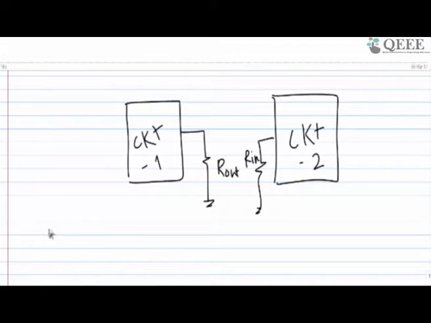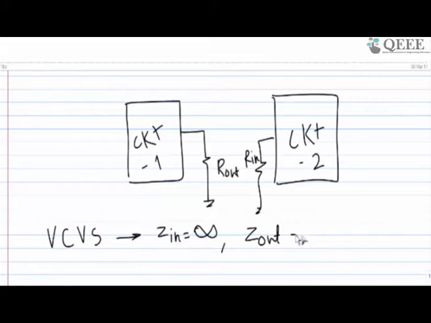We agree that if it is a voltage controlled voltage source, the input impedance has to be infinity and the output impedance has to be 0. If that is what is seen from your circuit, then you can declare that circuit a VCVS, and these play important roles when you are trying to connect circuits together.